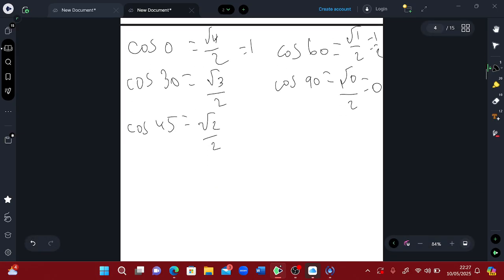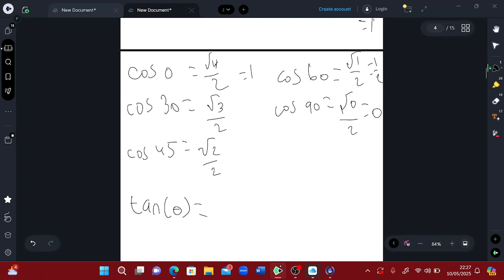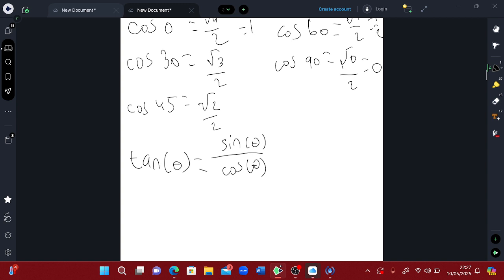Okay. Now I did say you also need to know tan. Now tan is very special because, well, you do need to use the hand, but essentially what you need to do, and it's a bit more work, is find what the sine value is and divide it by the cos value. So let me give a demonstration at tan 0.